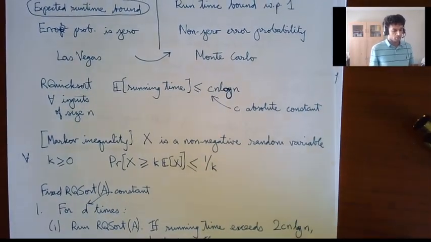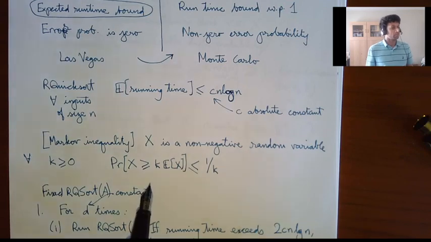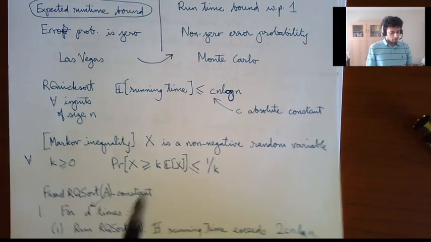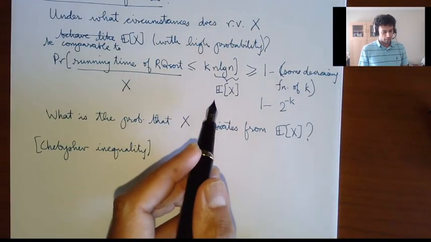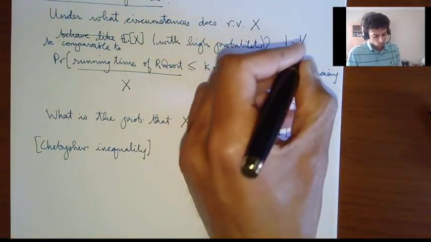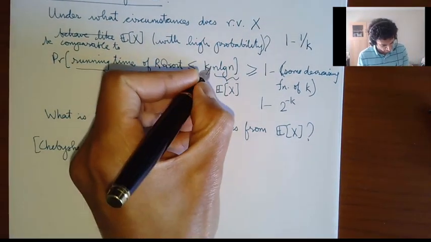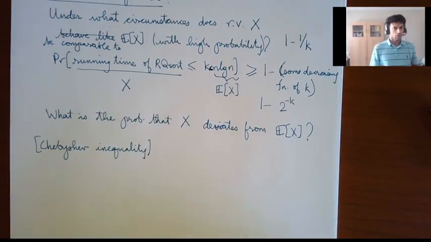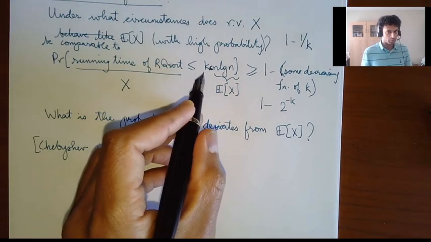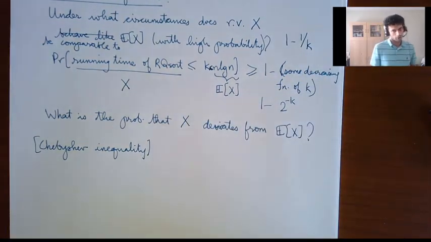To answer the question of what you can say about randomized quicksort directly, you can always use the Markov inequality to get something. If you apply it here, it says the probability is at least 1 minus 1 over k, again up to a constant. So the probability that the running time is at most k times c n log n is at least 1 minus 1 over k. That's the Markov bound.